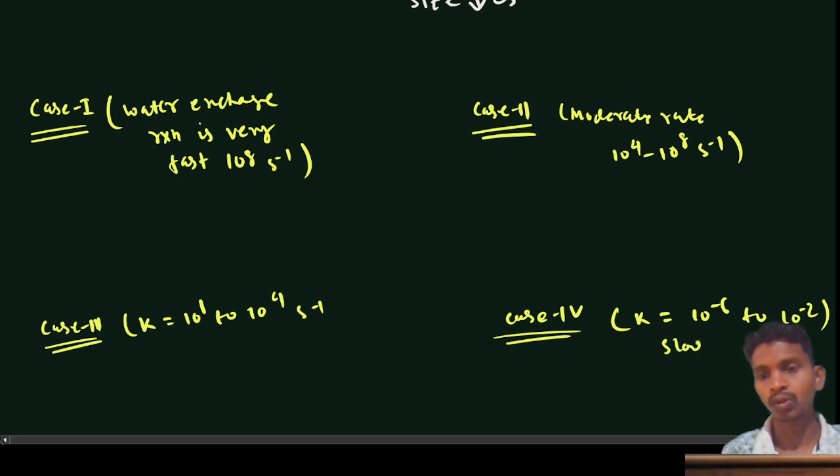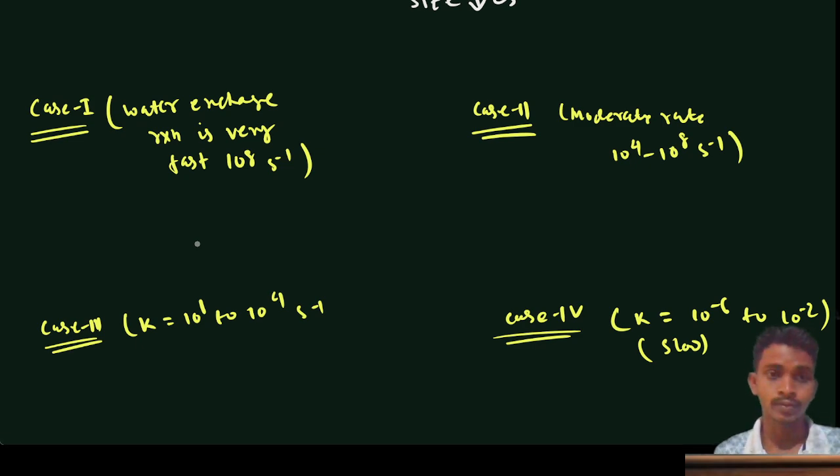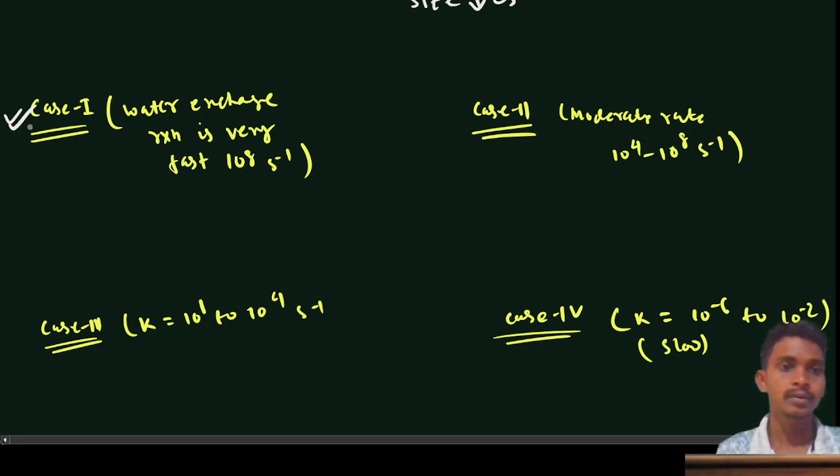It's a slow reaction. Okay, so this classification: we know that transition metal complexes are divided into labile and inert. Most labile compounds will come in this category. First we will look at transition metal complexes, then we will go to non-transition metals.